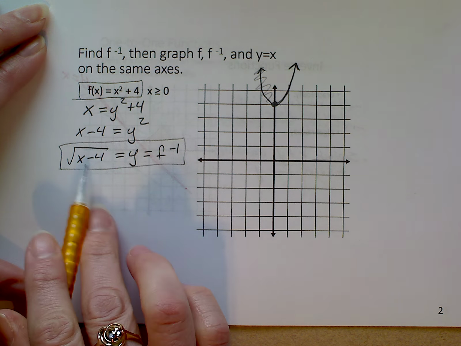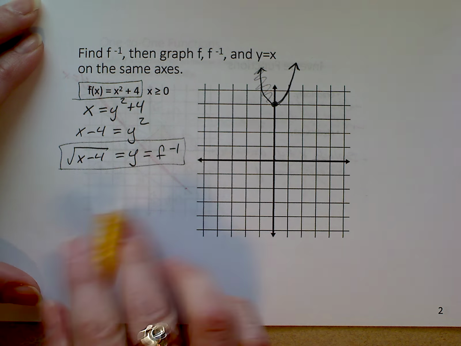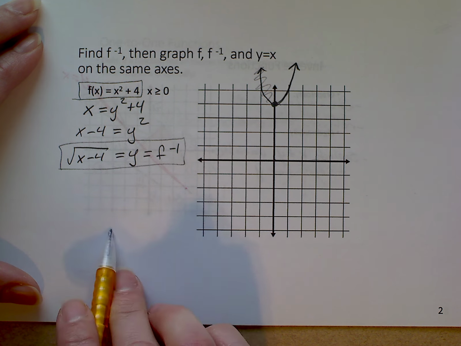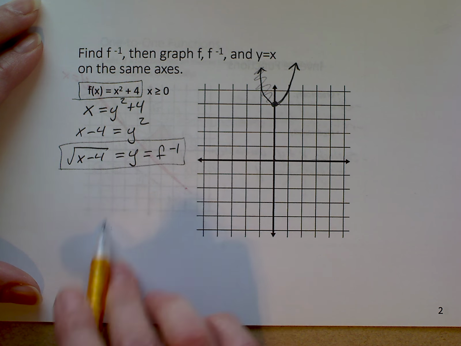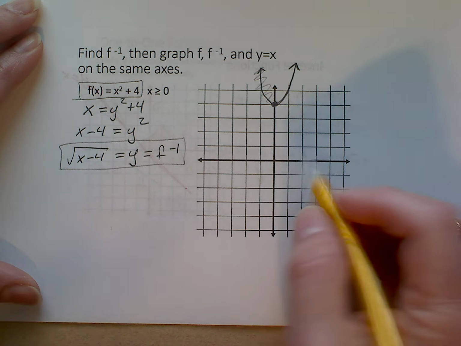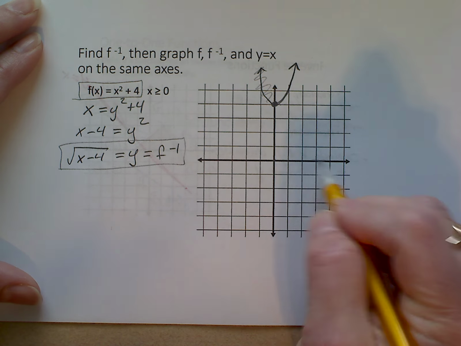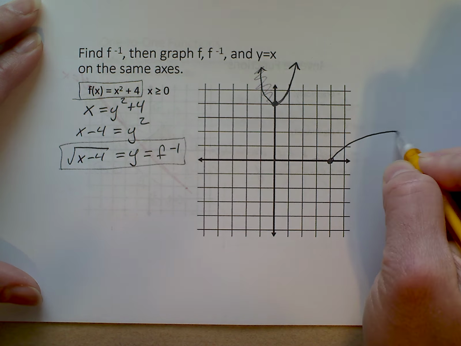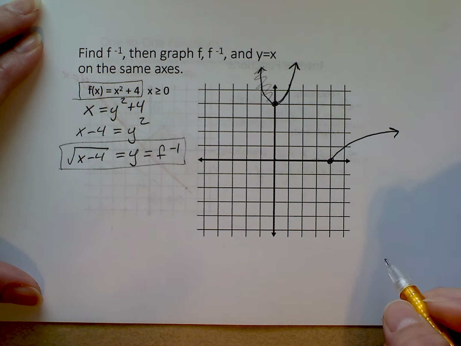Because when I come down here and I graph this, you remember square root of x? Square root of x normally just like this. Remember that? I'm going to move it to the right 4. Here we go. 1, 2, 3, 4. And it's going to go 1, 1, and then 4, 2, like this.